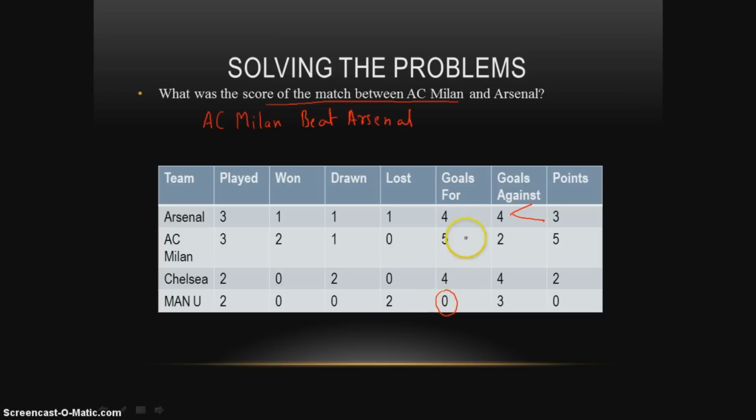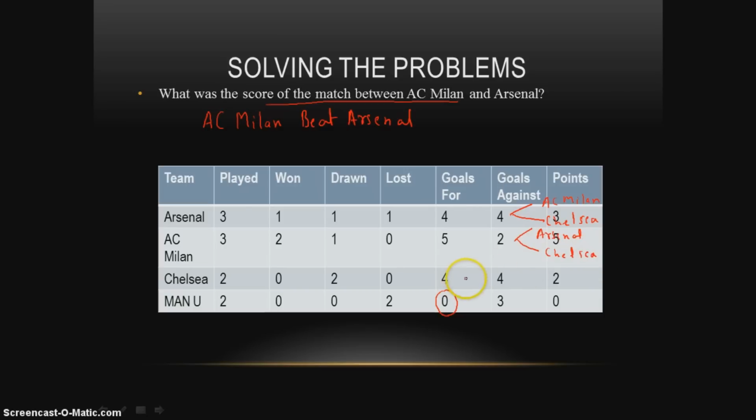So therefore, the 4 goals which have been scored against Arsenal have been either by AC Milan or Chelsea. Similarly for AC Milan as well, the 2 goals scored have been either against Arsenal or Chelsea.